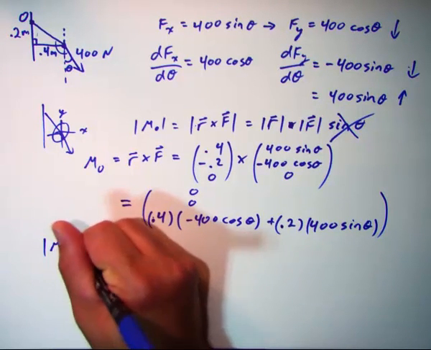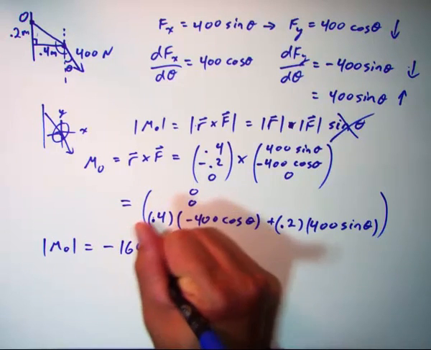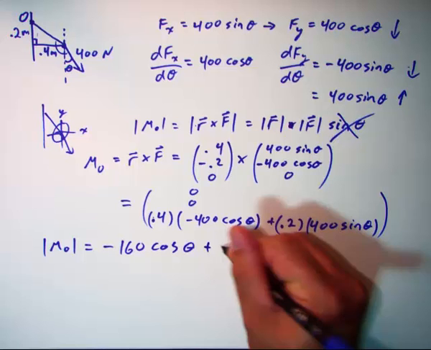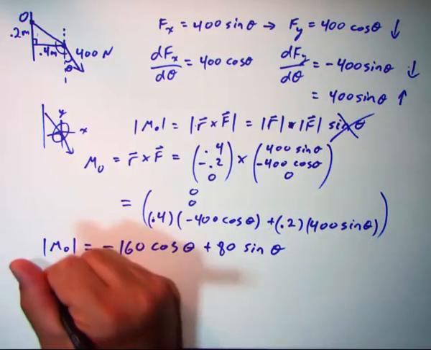And so the magnitude of the moment is going to be equal to negative 160 cosine theta plus 80 sine theta.